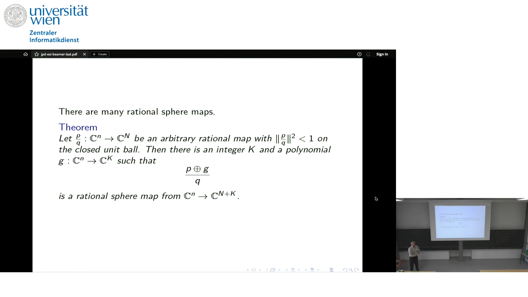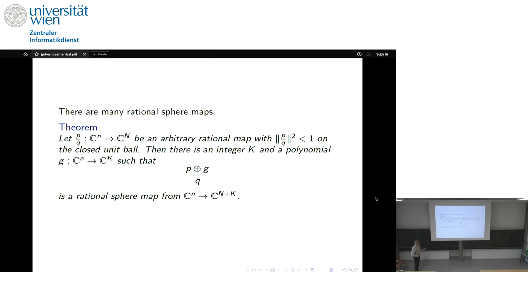But many years ago, I proved the following theorem, which used operator theory actually in the proof. Suppose I have an arbitrary rational mapping that maps the closed ball. So here's the closed unit ball in the source. Here's the unit ball in the target. Suppose I have an arbitrary rational map that sends this to this, strictly inside.